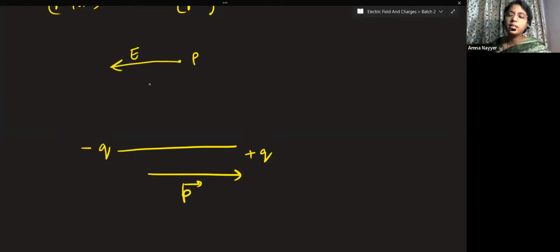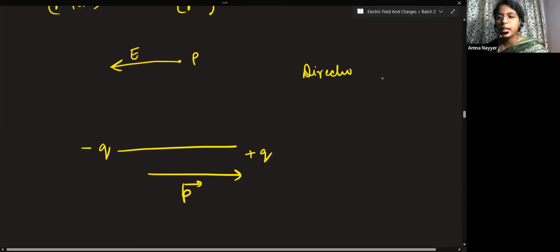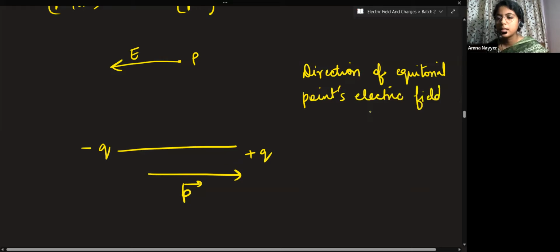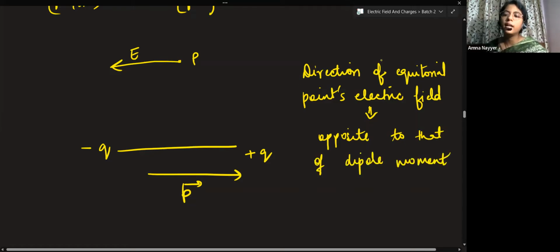For the equatorial point's electric field, this is opposite to that of dipole moment. Whatever is the direction of dipole moment, just reverse it.